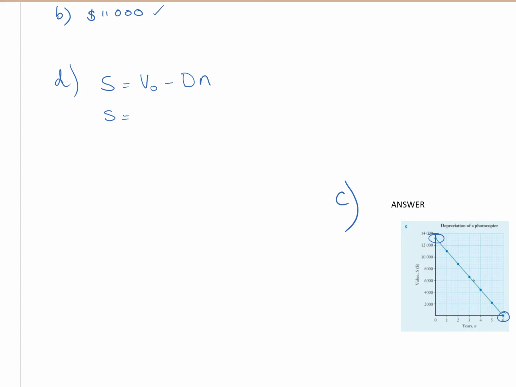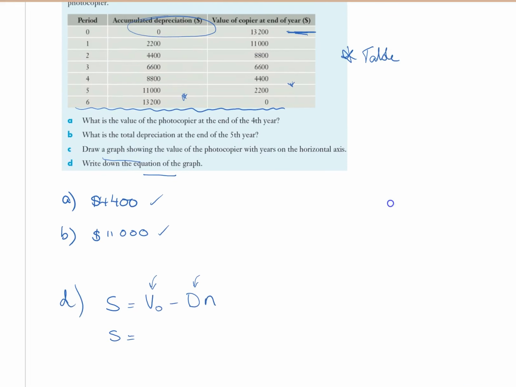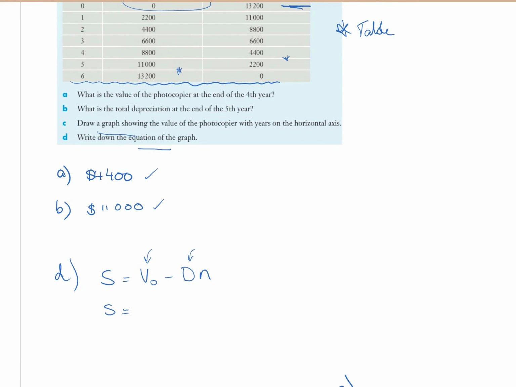In D, they're asking you for the equation. We know the equation is of the form S equals V naught minus D times n. We need values for V naught and for D. We know from our understanding of V naught as the initial value, we were told that the purchase price was $13,200.